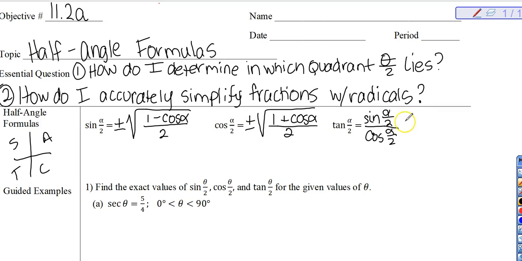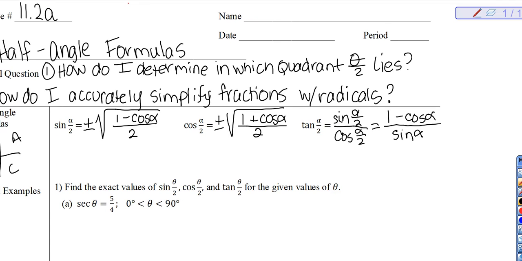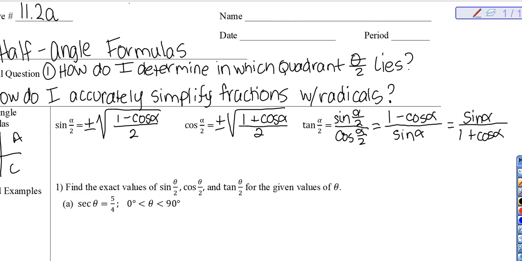But sometimes these angles are really ugly values with square roots under square roots and complex fractions, and they're not fun. So other times I will choose one of the two more forms. The first one is 1 minus cosine alpha over sine alpha, which isn't too bad to use. And the last one is sine alpha over 1 plus cosine alpha, or theta, or x, whatever the angle is. So those are the three options for tangent alpha over 2.